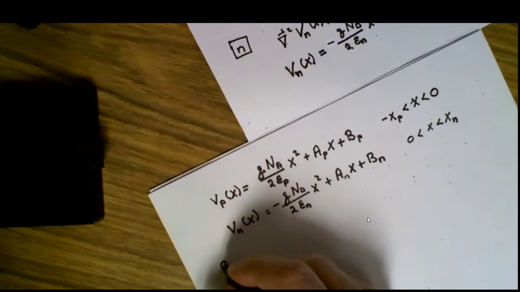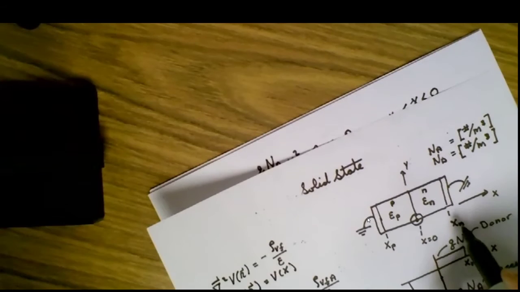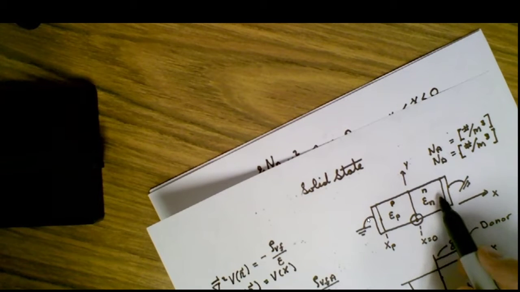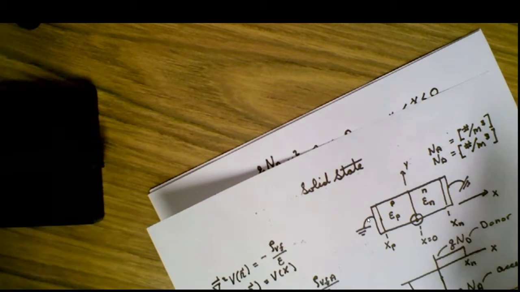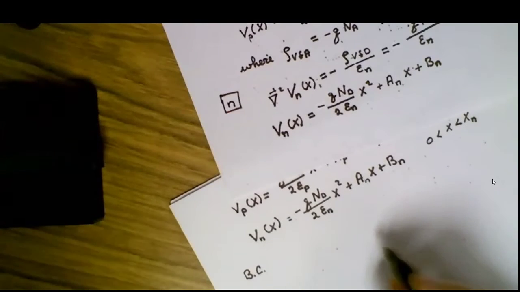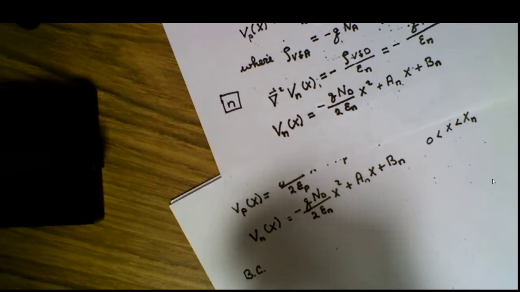Let's look at boundary conditions. Well, we observe one simple boundary condition, and that is at x is equal to x sub n, the potential in the n material must be equal to the potential of our ground. And our ground is a zero potential. Consequently, one of our boundary conditions is based on the continuity of the potential across the boundary.